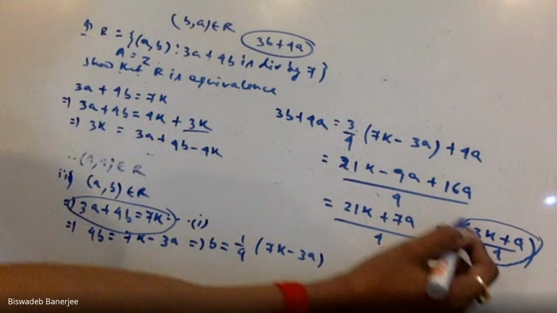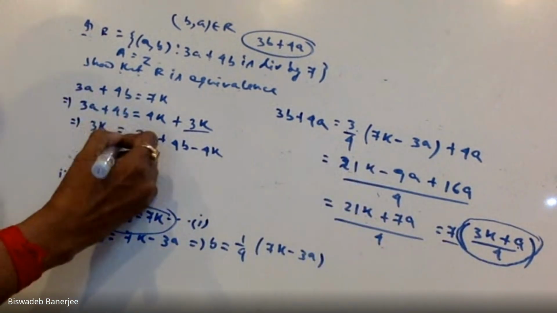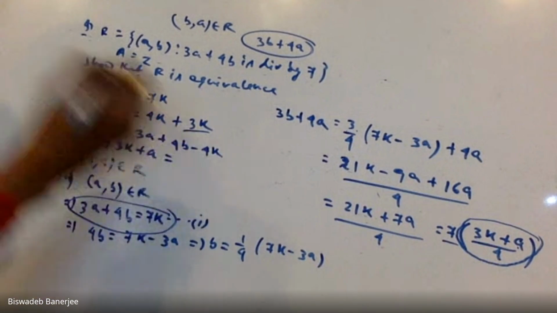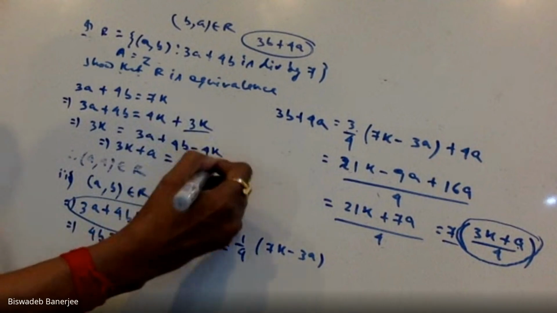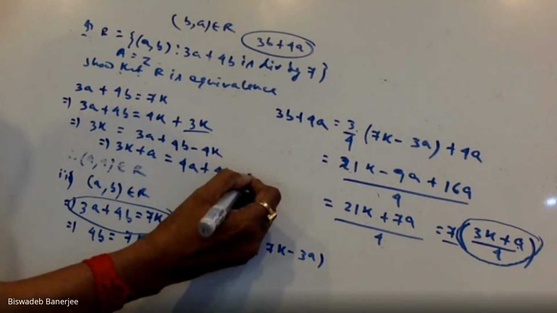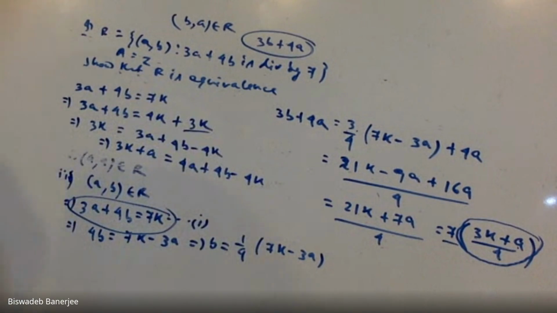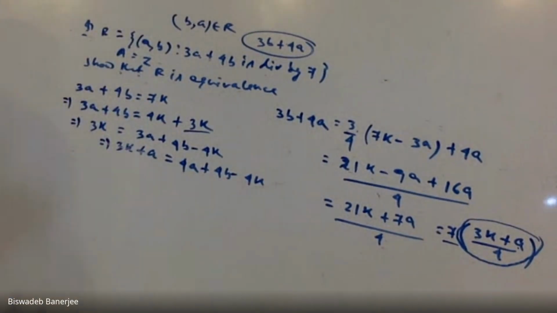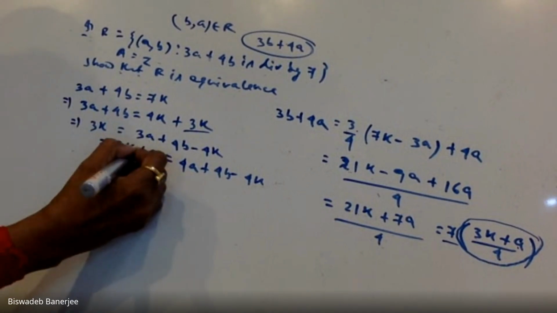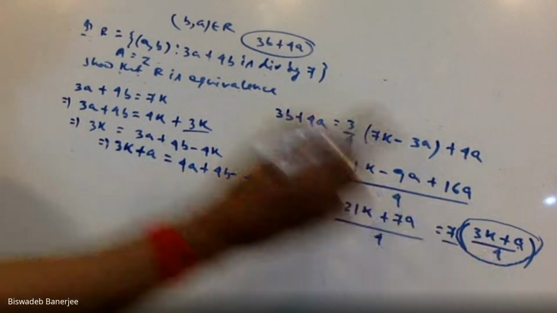But we need to find 3k plus a. So add a. So 3k plus a: if we add a, 3a plus a, that will be 4a plus 4b minus 4k. Right? Why are we adding a? Because we have to find out 3k plus a.